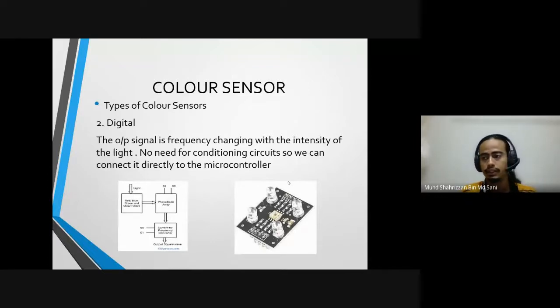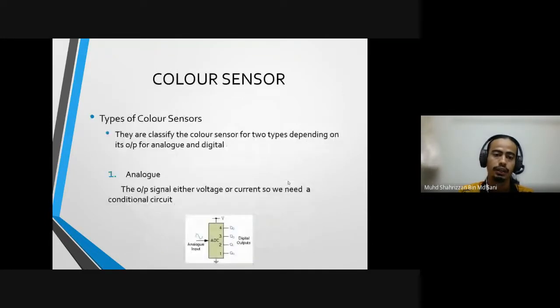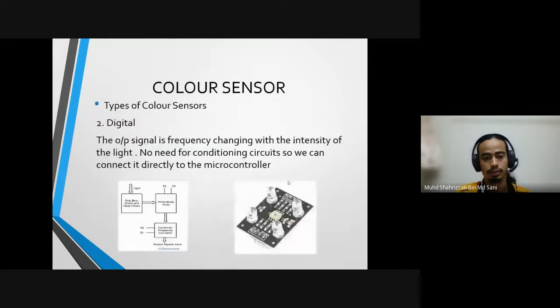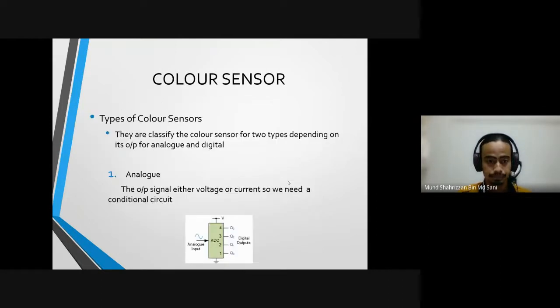The digital sensor is mostly used and very useful in our industry.